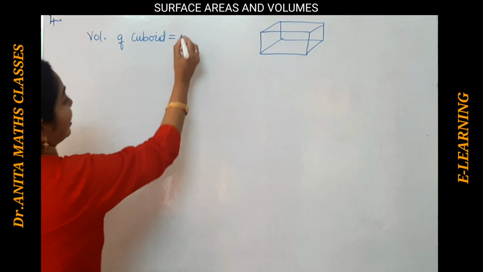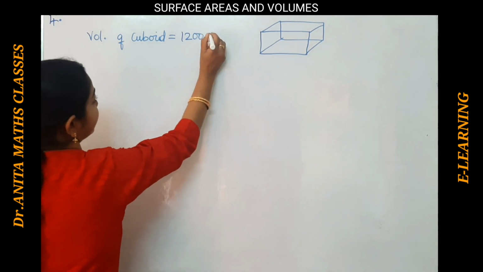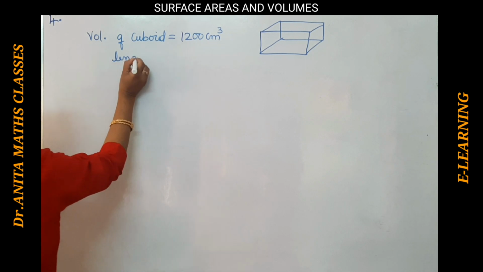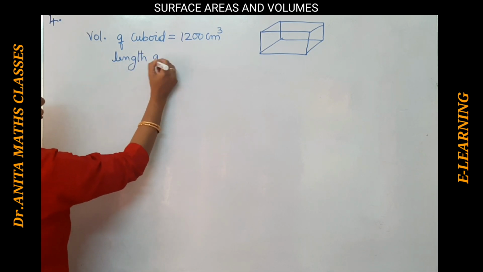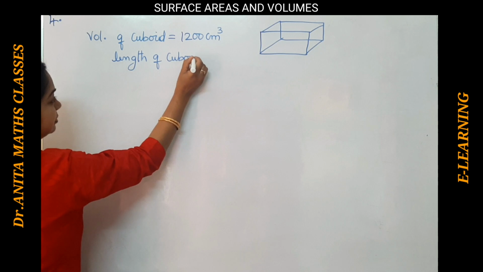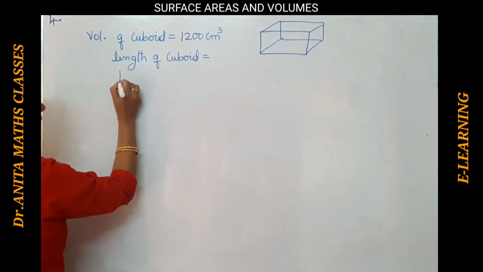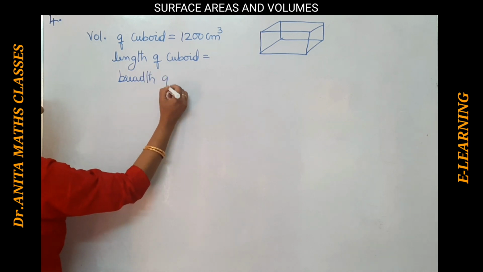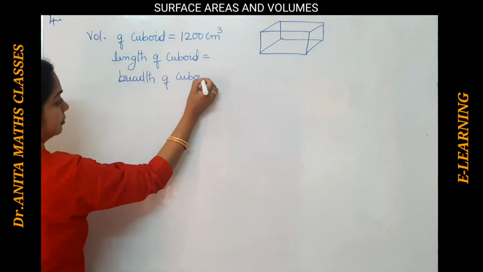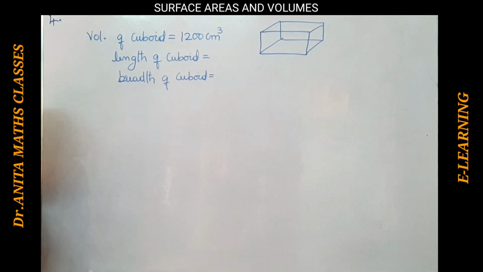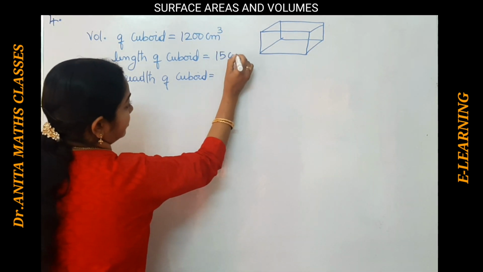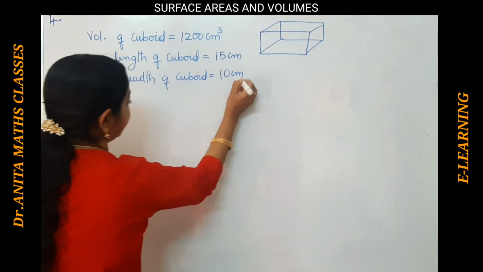Volume of the cuboid is 1200 cubic centimeters, and the length and the breadth are given as 15 centimeters and 10 centimeters. Now we have to find the height.